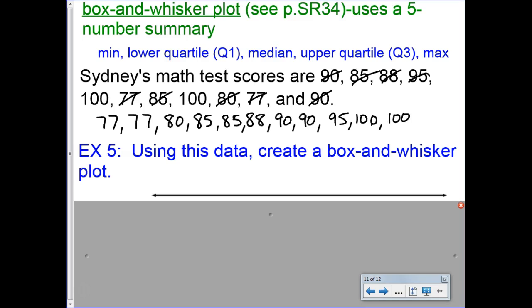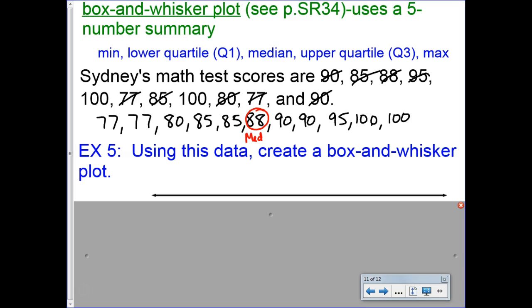Okay, so then to find the values that we need, the median we know is just our middle number. So we're going to take off the ends until we get there. So I have a total of 1, 2, 3, 4, 5, 6, 7, 8, 9, 10, 11 numbers. So I should have one middle number. Looks like 88 is my middle number. So that's my median.